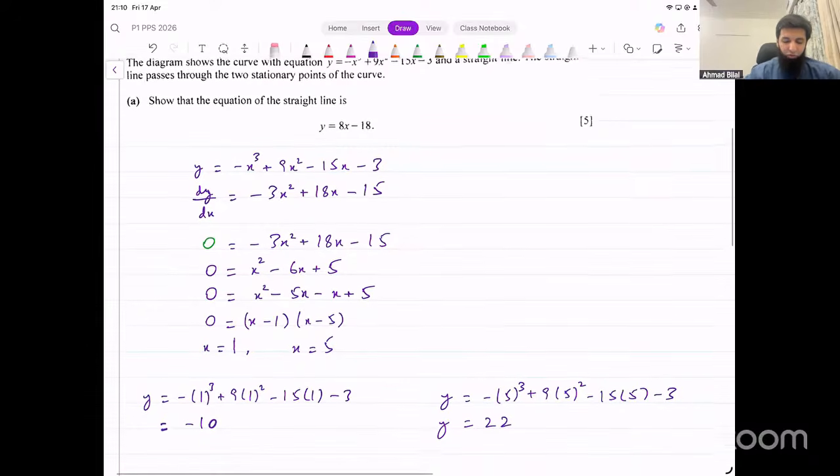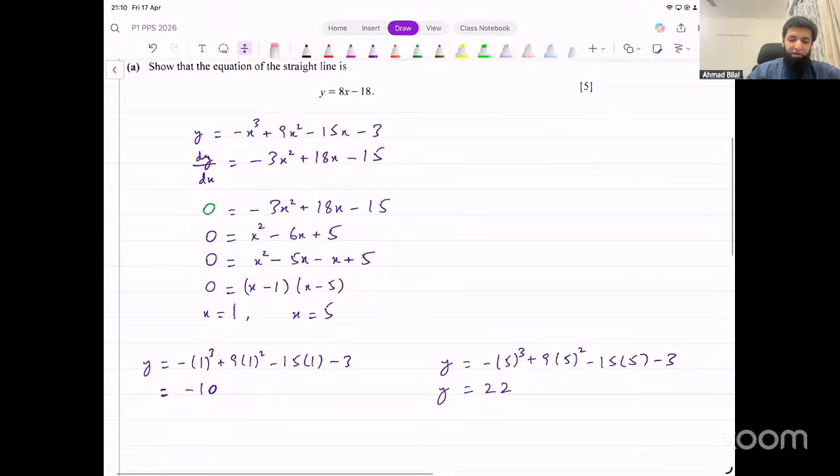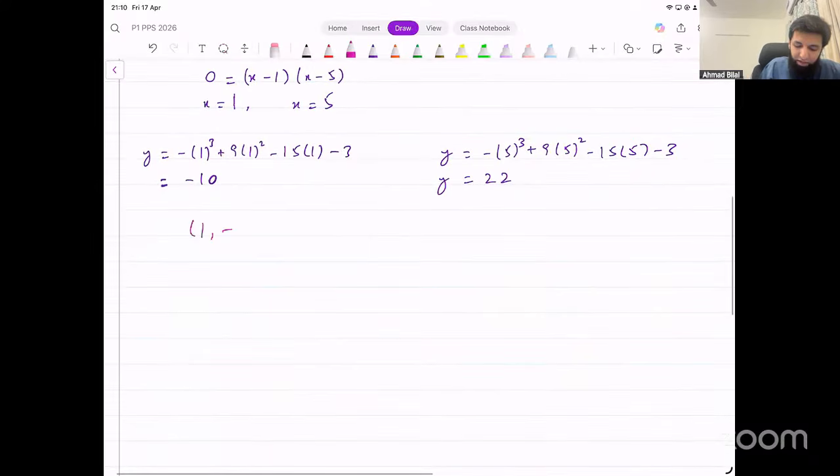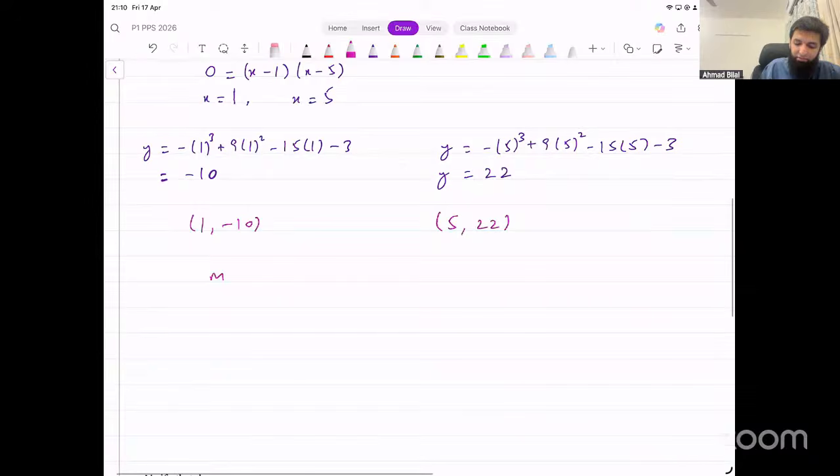Now that we have 2 points, we can find the equation of the line that passes through these 2 points. One point is (1, negative 10), and the other point is (5, 22). Gradient equals 22 minus negative 10 divided by 5 minus 1. 32 over 4, what's that? That is 8. That's the gradient.